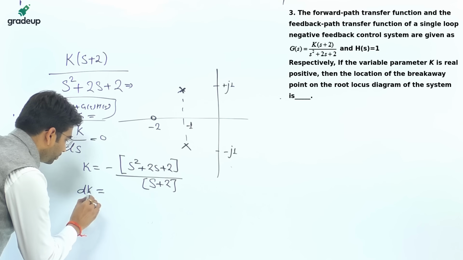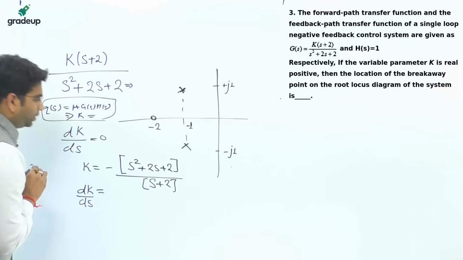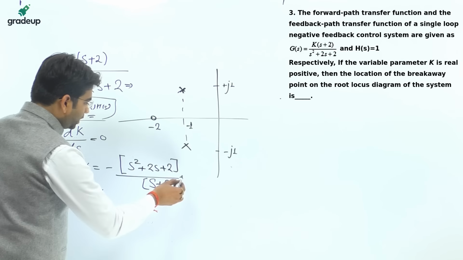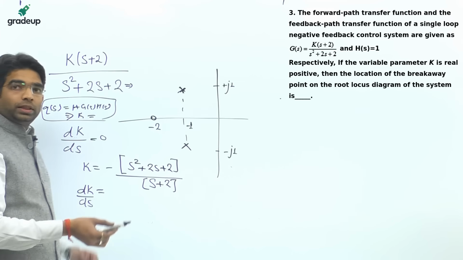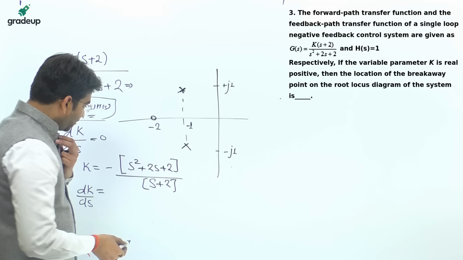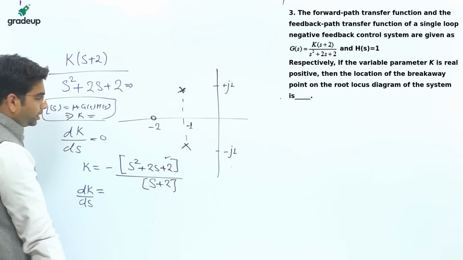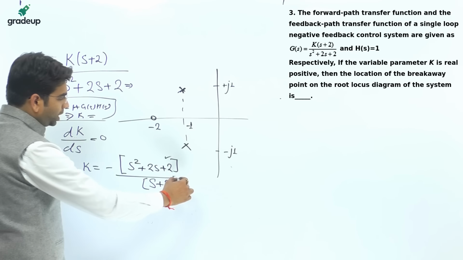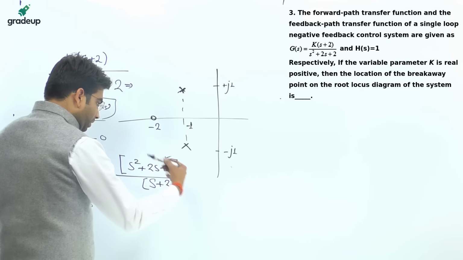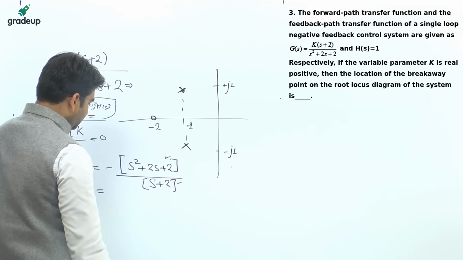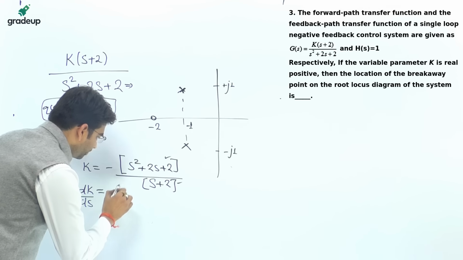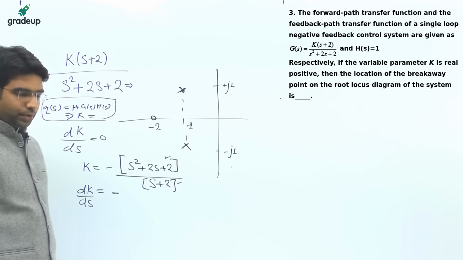So dK/ds, you have to differentiate this value. Differentiation you must know. So what will you do? You will first differentiate the denominator multiplied by the numerator, minus the differentiation of the numerator into the denominator. So what comes out? What is the equation here?